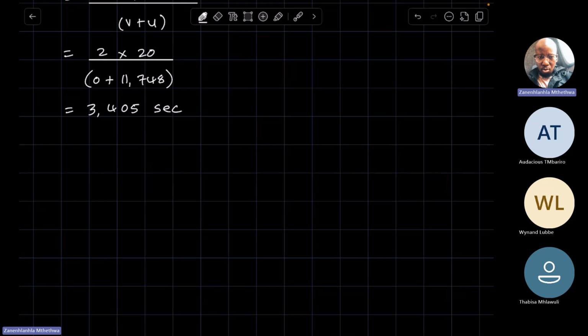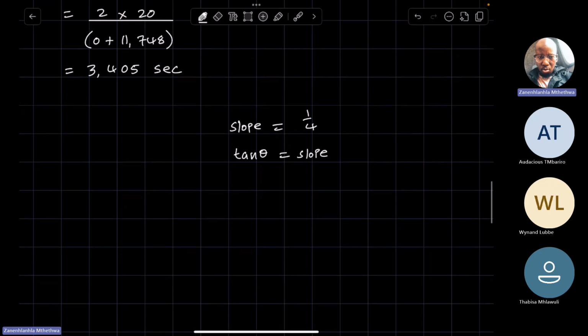So if they say that the slope is 1/4, essentially what that means mathematically is tan theta is equal to the slope or the incline. So to get the angle of inclination, you can simply substitute 1/4 here because the slope is 1/4.